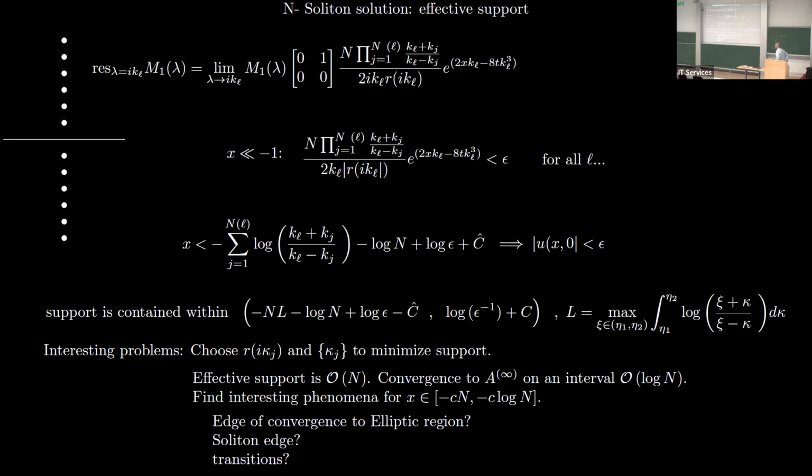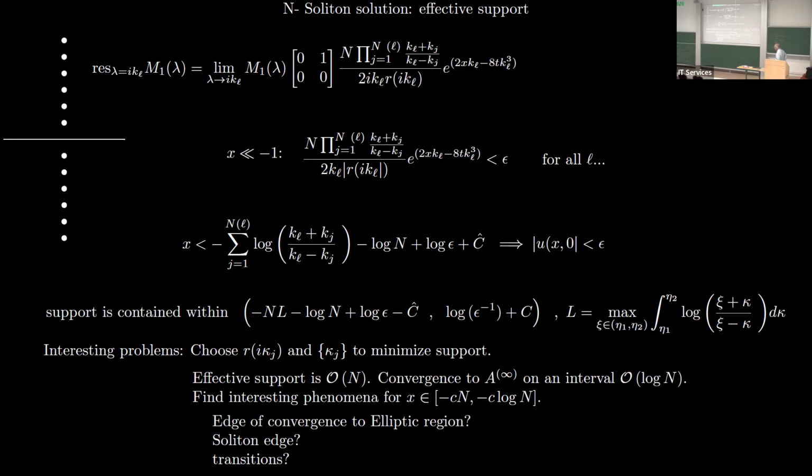So here's another one. The effective support is order n, and I've shown you convergence to the soliton gas potential on an interval of size log n. So there's a huge region where there's interesting phenomena. So that's the interesting quest. As n grows, look at the n soliton solution and try to study interesting phenomena for x in this window.